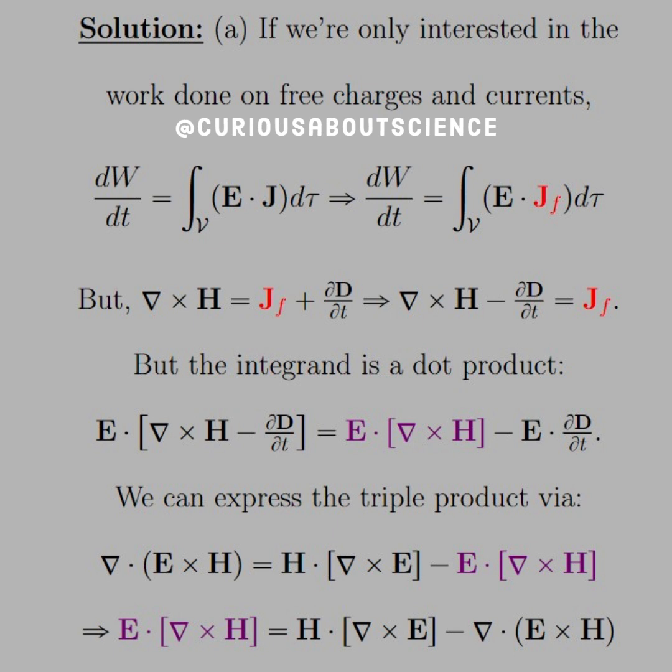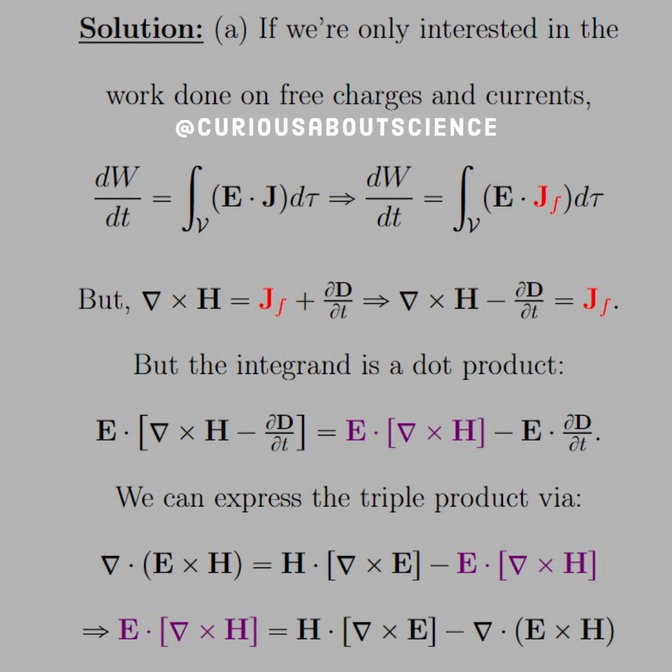But we note that we have E dot curl of H, for which we can use another vector triple product identity. We have the divergence of E cross H is equal to H dot curl of E minus E dot curl of H. So we see the matching parts, and we want to solve for that.